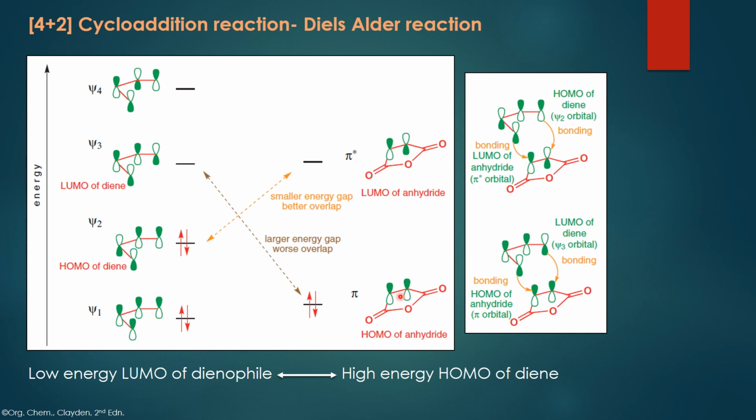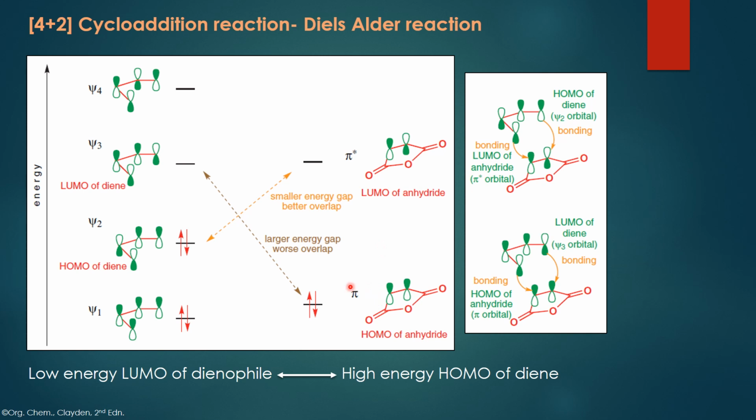This is the pi with no node, and this is the pi star with 1 node. In psi 1 there is no node, in psi 2 there is 1 node, in psi 3 there are 2 nodes, and in psi 4 there are 3 nodes.